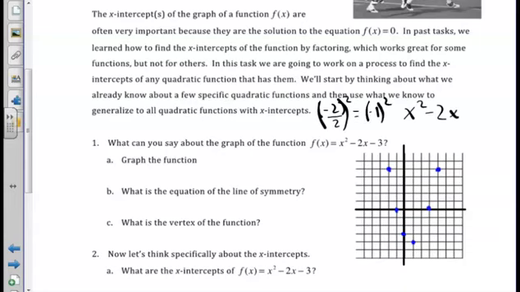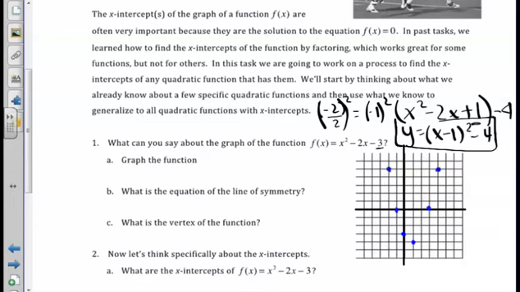So to complete the square, we would have to add a 1 on the end. If you recall from Unit 4, to go from a positive 1 to a negative 3, we will have to subtract 4. Therefore, we can rewrite this equation as the quantity x minus 1 squared minus 4.